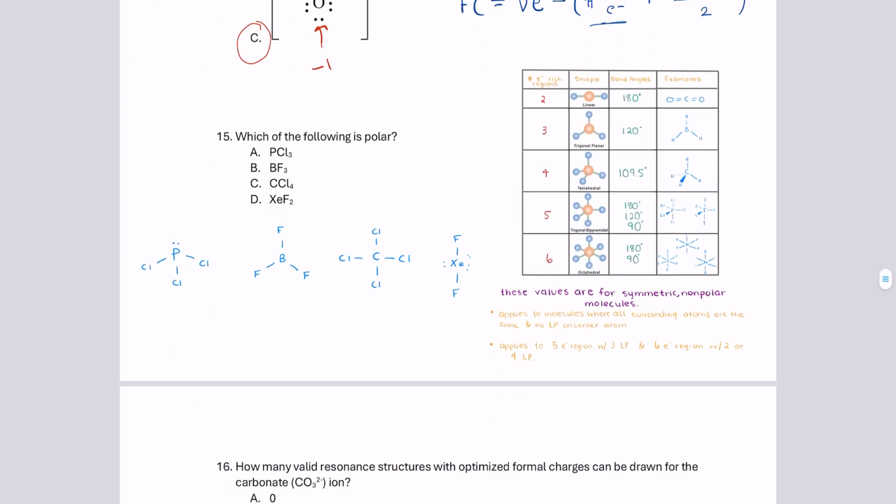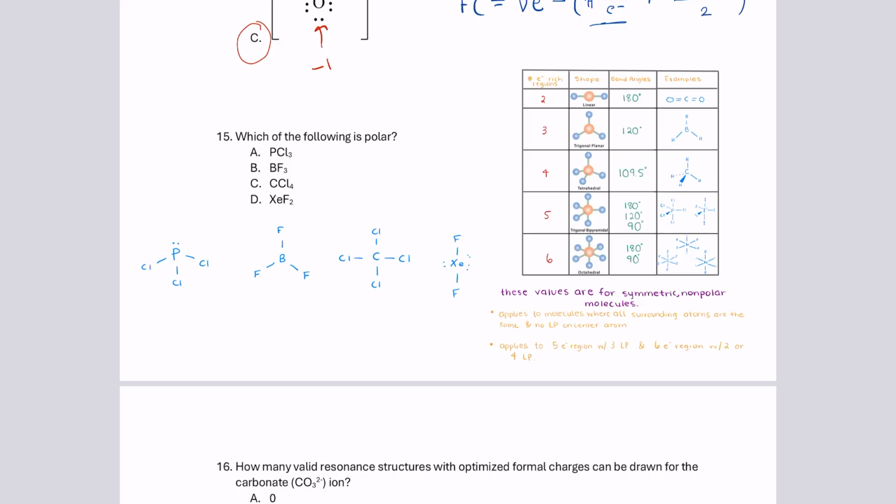Problem 15 says, which of the following is polar? Polarity arises when there is an uneven distribution of electron density. In order to determine whether a molecule is polar or not, we need to keep in mind our rules for nonpolarity.